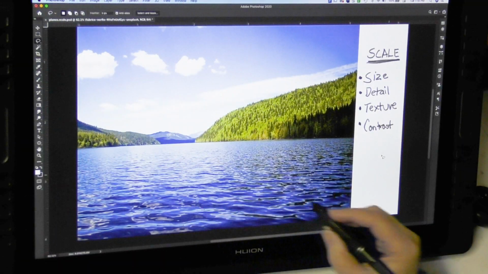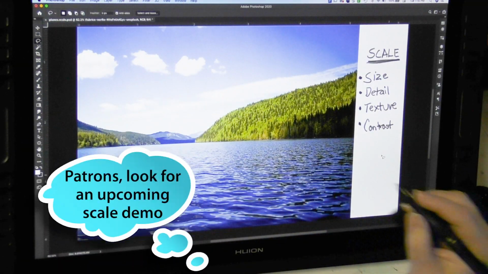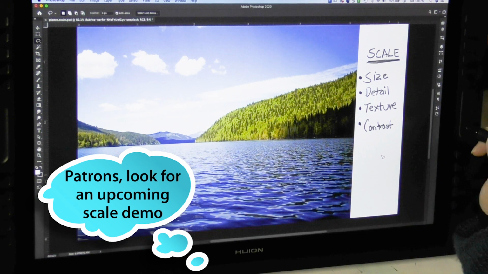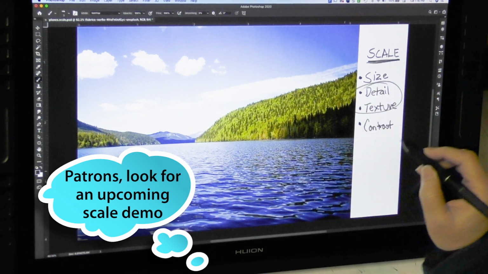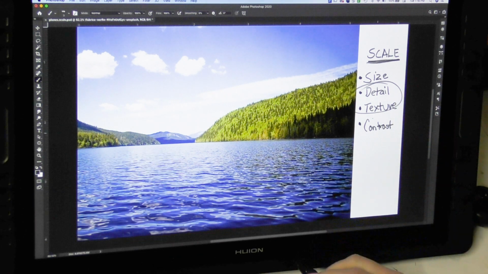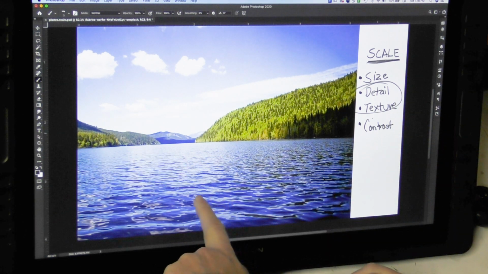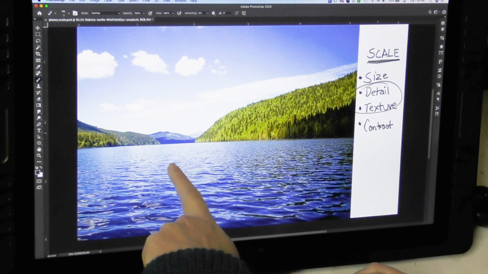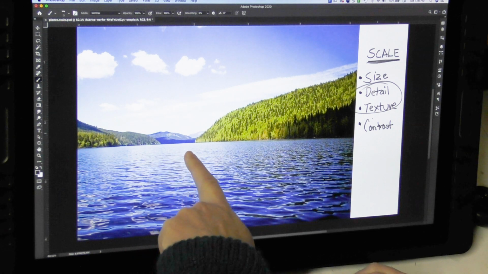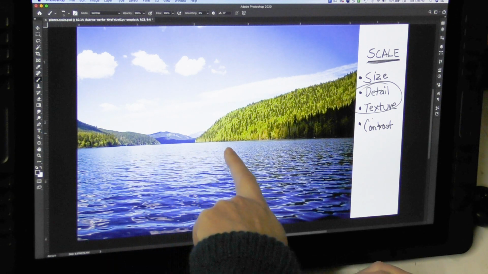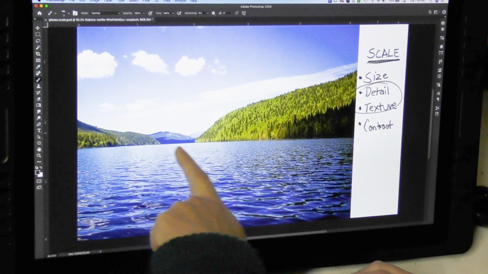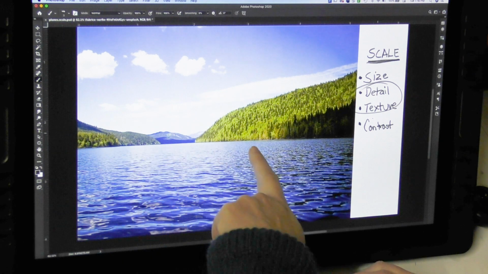Look at the waves and the texture in the water. This is another great example of texture and scale. These things in particular, detail and texture. But just study carefully how much they recede. By the time you get to the back end of the midground here, you have almost no detail. And by the time you get to the back of the lake, it's solid color.